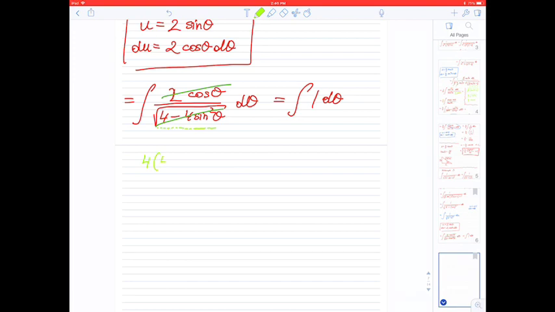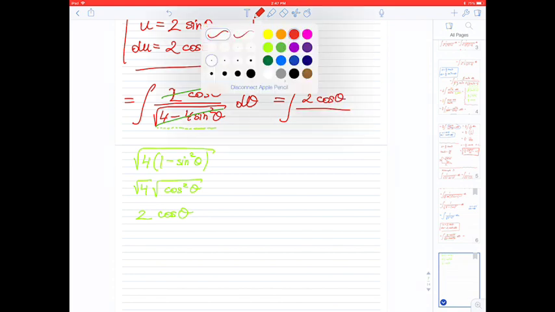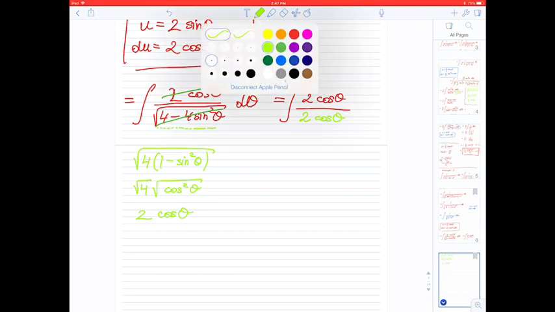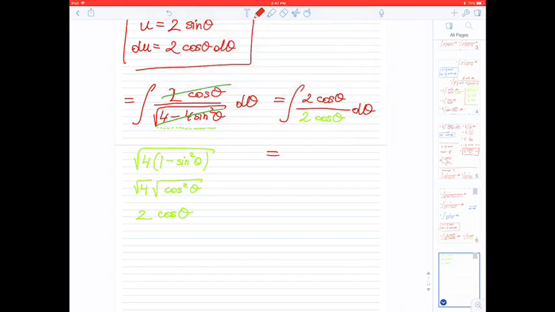Let's factor out 4, then we will end up with 1 minus sine square theta, still under the square root of 4. 1 minus sine square theta is cosine square theta. Square root of 4 is 2, square root of cosine square is just cosine. Okay, let me write it down for you. 2 cosine theta, and my denominator, which I worked out on the side, is also 2 cosine theta. That's the reason that we can nicely simplify, and we have just the integral of 1 d theta.